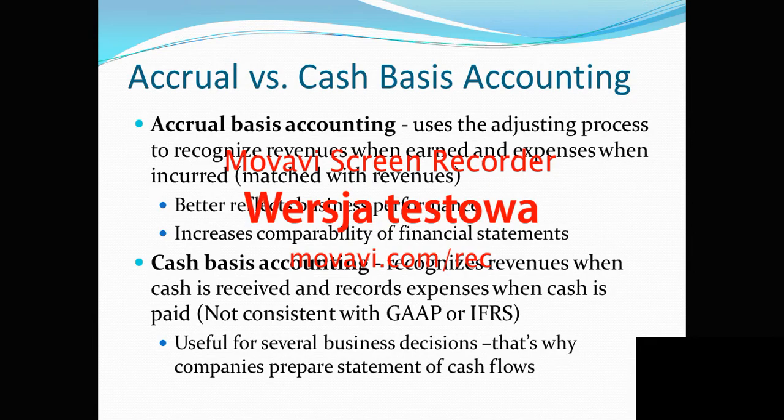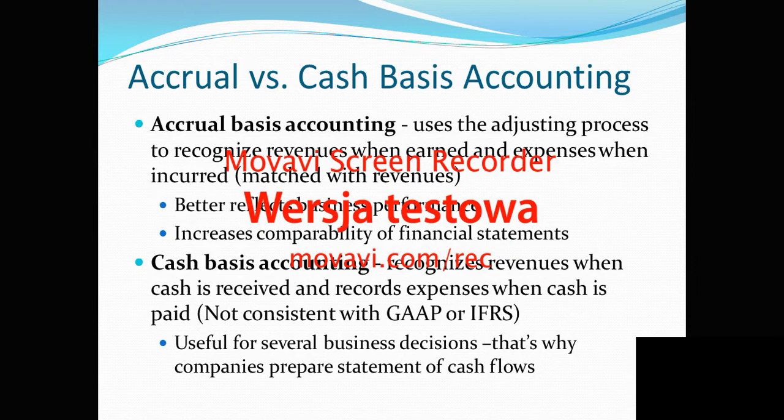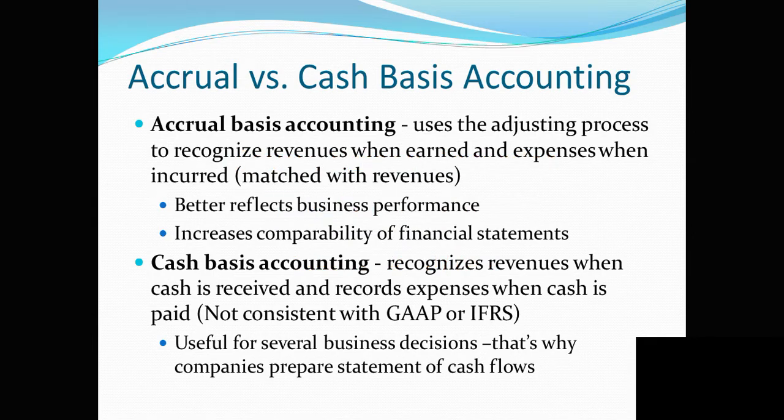It is called accrual basis accounting, and in accrual basis accounting, the adjusting process is used to recognize revenues when earned and expenses when incurred, and the expenses are matched with relevant revenues. If you remember, we talked about revenue recognition and the expense matching principles before.